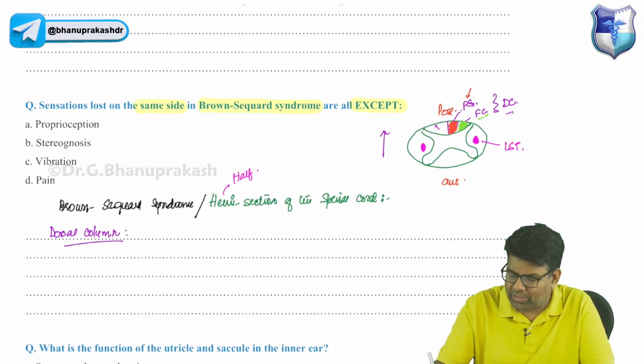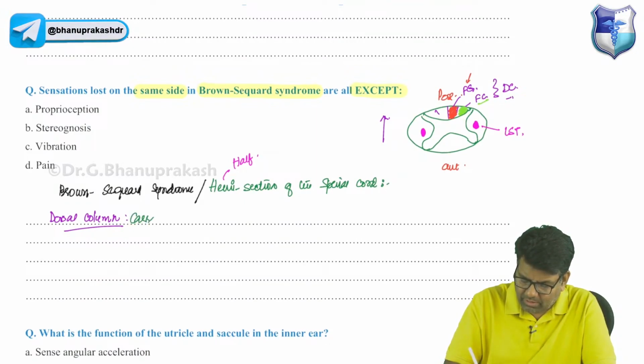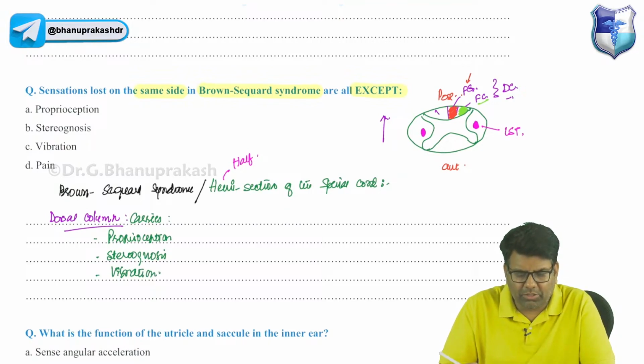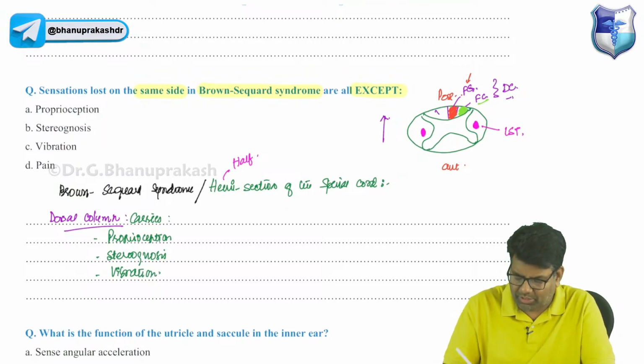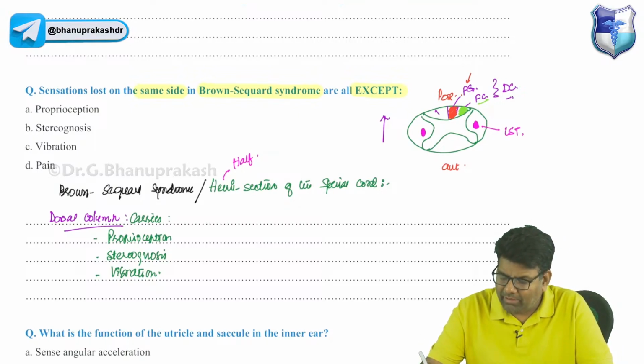Medially is fasciculus gracilis, laterally is fasciculus cuneatus. The dorsal column carries proprioception, stereognosis, vibration, fine touch, and two-point discrimination.